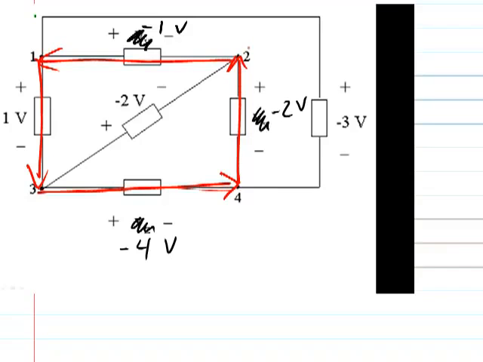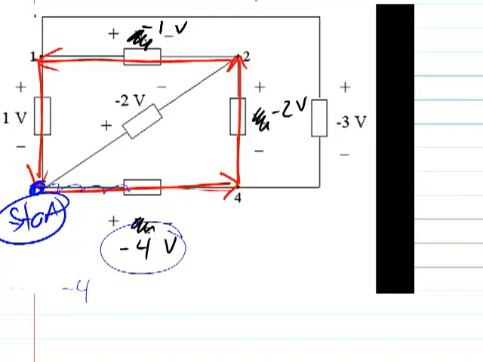This is actually good because all three of our variables are on this circuit. So we're going to start, remember, at our little start point, and we go across. And here's our -4. But when we hop across, we see that it is a drop, so we have a minus and -4. We continue along our little circuit, and we jump across, and we see we have a rise of -2.